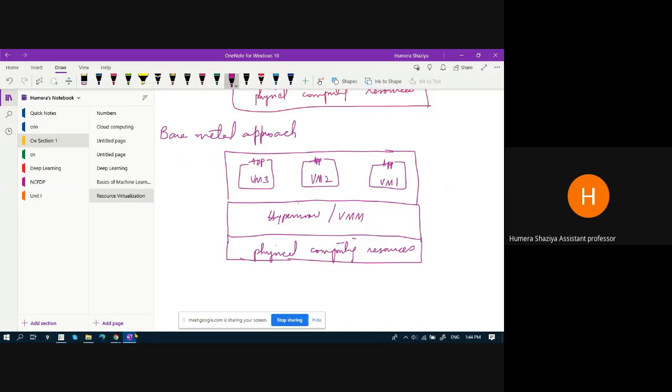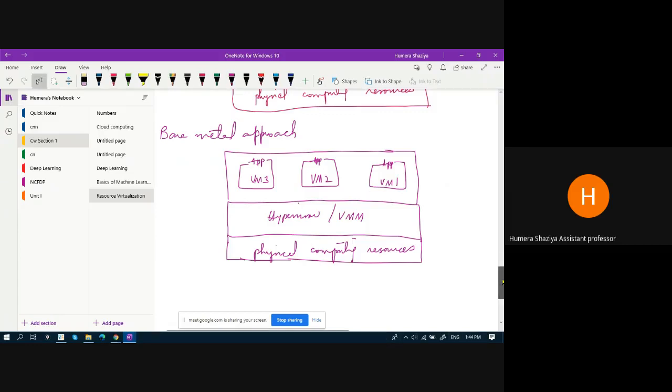So what is the benefit? The benefit is that the hypervisor has direct access to the hardware resources. What is the drawback? The drawback is that the hypervisor will have a limited set of drivers, so it can access a limited number of physical devices. It can support only limited hardware and cannot run on a wide variety of hardware platforms.